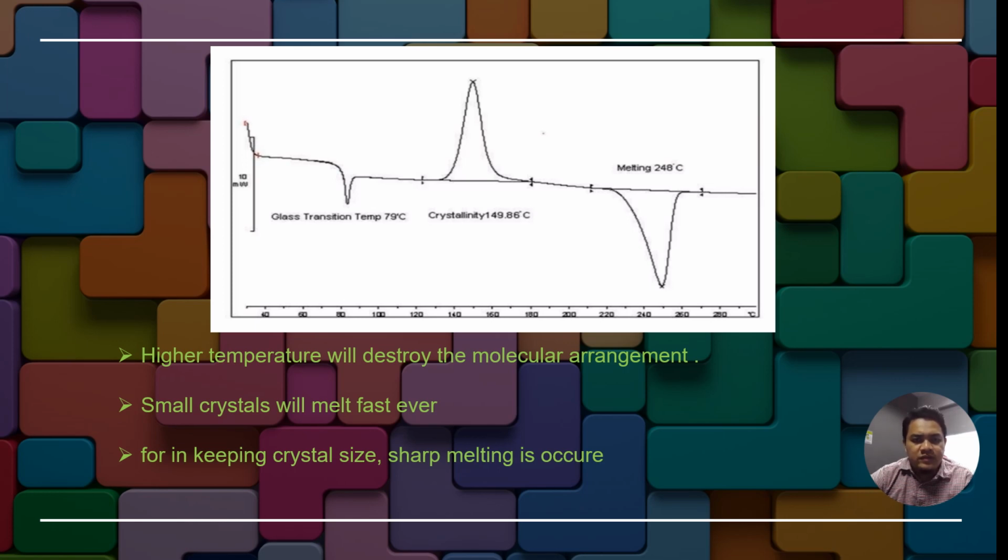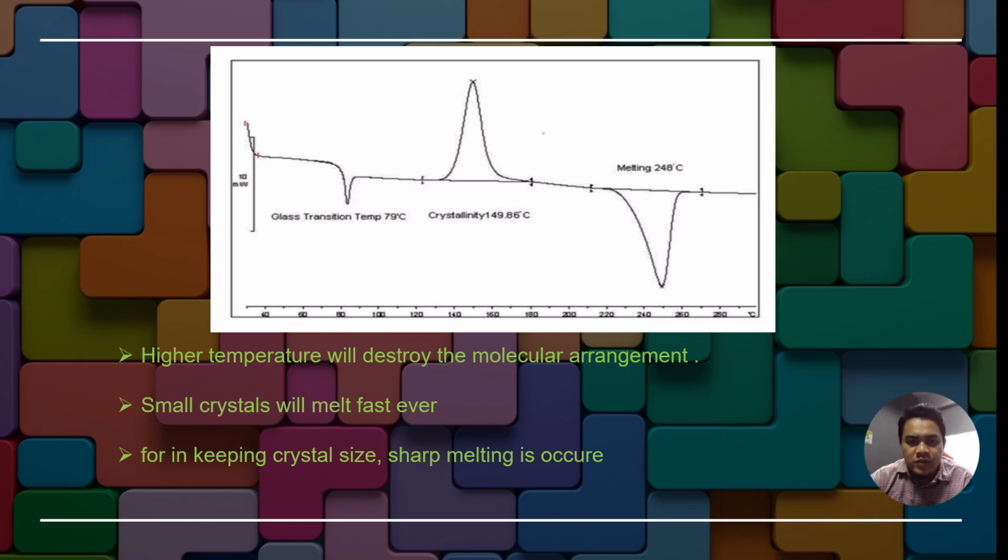So number one, we can see from the graph that the glass transition temperature is 79 degrees Celsius, then the crystallization at 159 degrees Celsius, and the melting point occurs at 348 degrees Celsius. So the higher temperature will destroy the molecular arrangement.